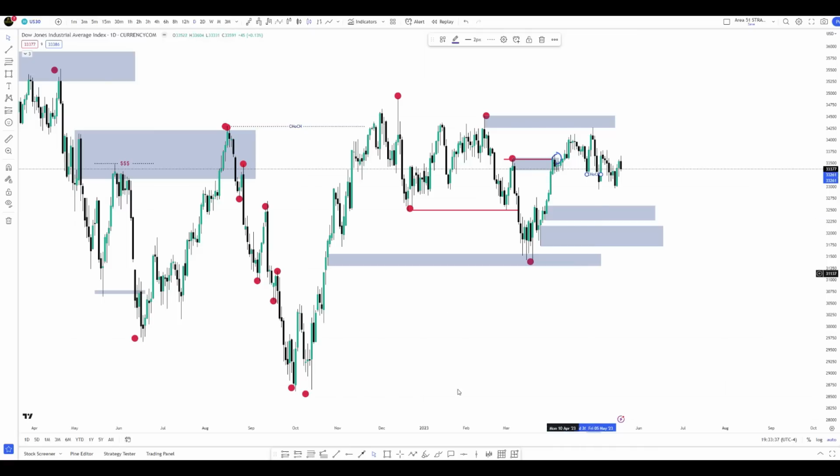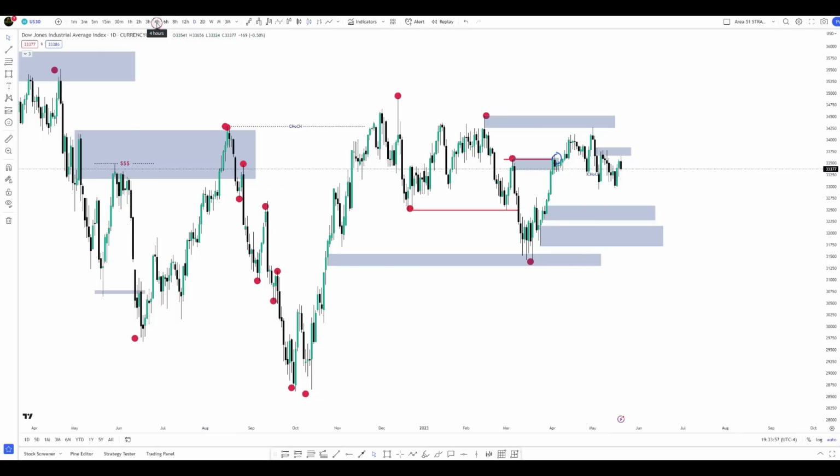So here we can see we have a change of character once the price hit this supply zone, and then price went back once it broke the structure to fill the rest of these orders, which is an imbalance. You can also see there's a shadow sitting here. This shadow is basically a supply zone on the daily time frame.